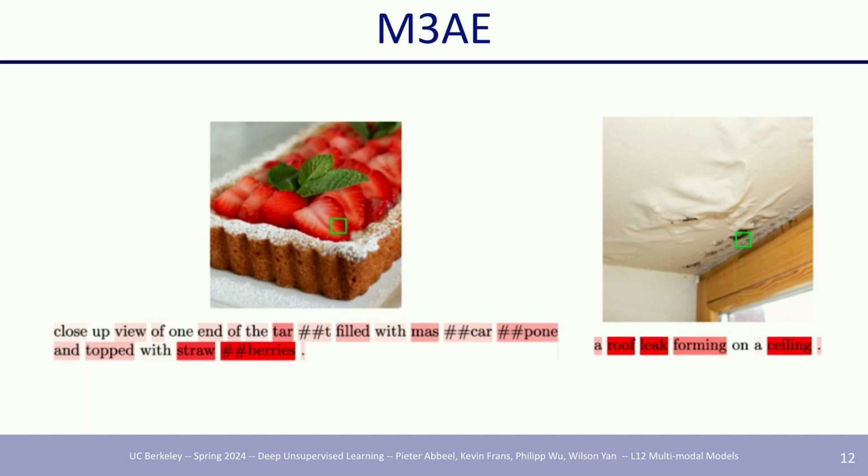And these are some visualizations. You can see that the green square there is attending to certain parts of the text. So focus is on the strawberries. It might be too saturated, but it says straw, and then might be berries.